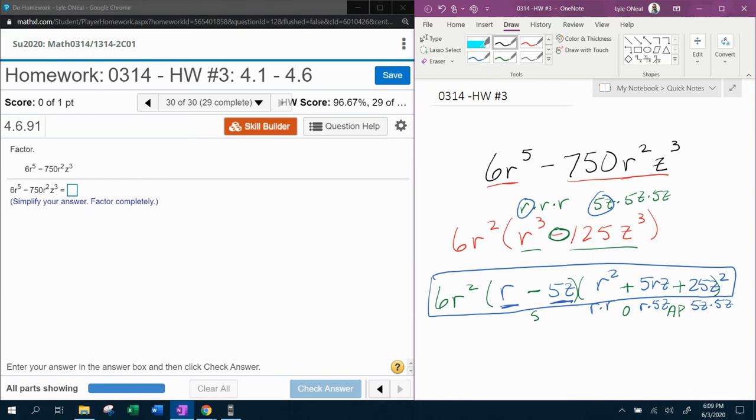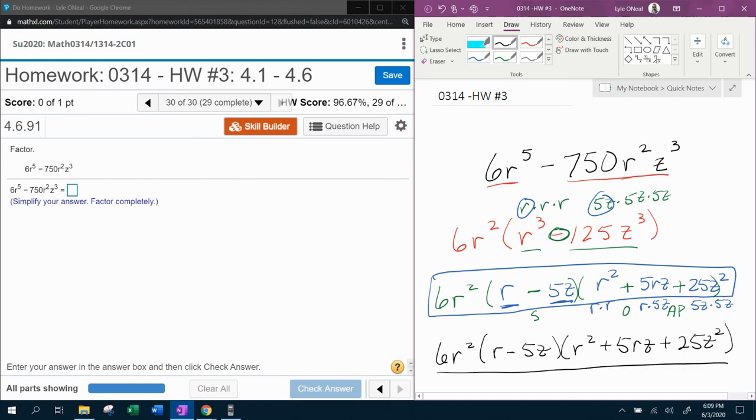Let's rewrite that nicely. That's going to be 6r squared, (r minus 5z), and then (r squared plus 5rz plus 25z squared). That should be our answer, factored completely.